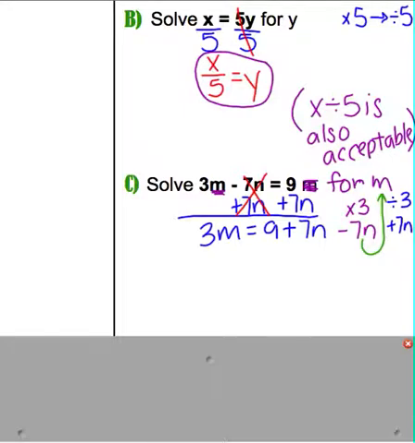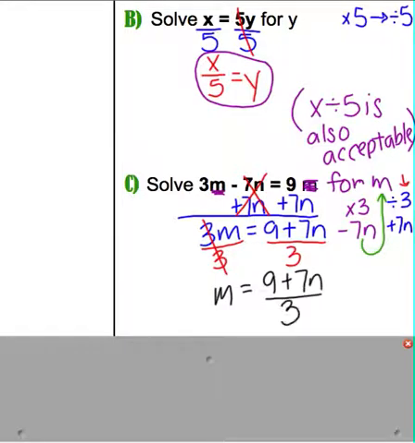Now, according to my plan, I said that I'm going to divide by 3. So I'm going to divide by 3, again, on both sides, like we've been doing the whole unit, canceling my 3's, leaving me with m equal to 9 plus 7n all over 3. And this would be our solution.